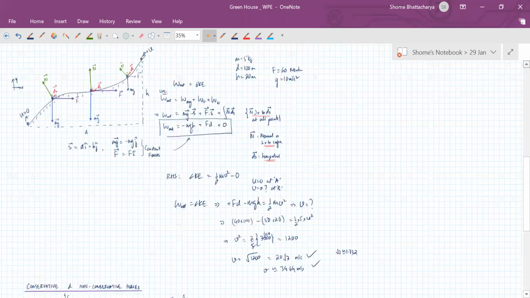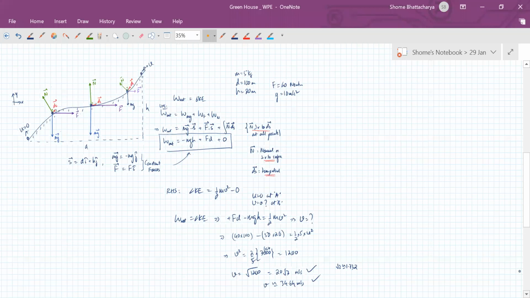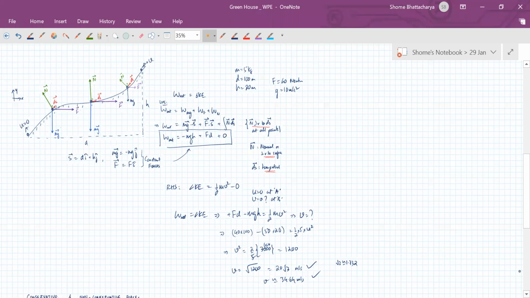Okay, you can finish writing this down in case something is remaining. Then come back to the definition of conservative and non-conservative forces.